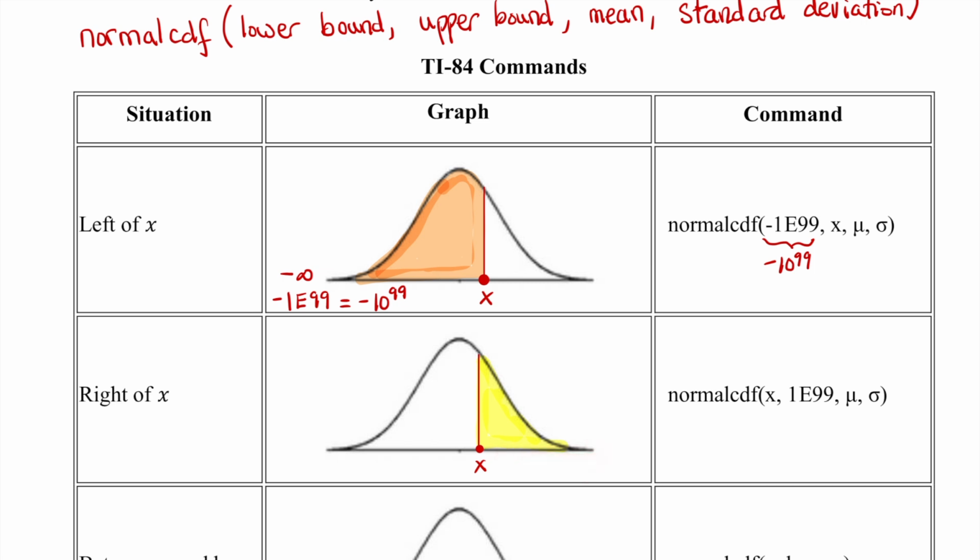So the lower bound is x and the upper bound is positive infinity. So to find the area to the right of x, we use normalcdf, x, comma, 1e99, comma, mean, comma, standard deviation. And this 1e99 can be replaced with 10 to the 99th.